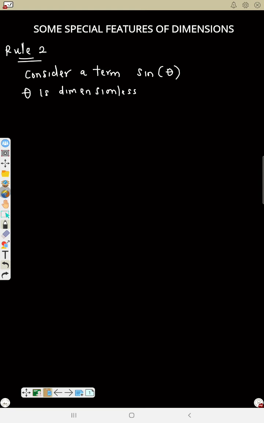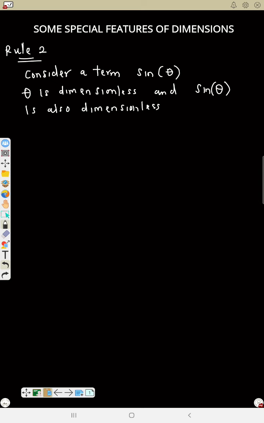So if we have sine theta, sine theta is also dimensionless. That means as theta is dimensionless, sine theta is also dimensionless.